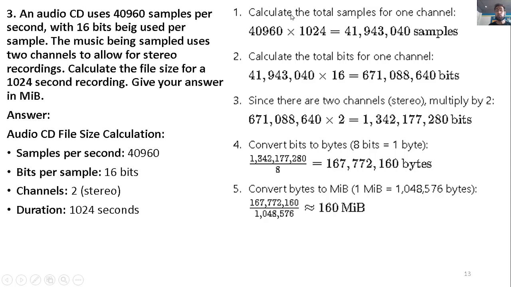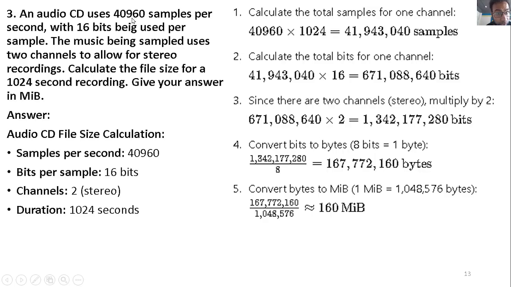In order to calculate the samples for one channel, our samples per second is 40960, and we multiply by 1024, which is our duration in seconds. So the total number of samples becomes 41,943,040.